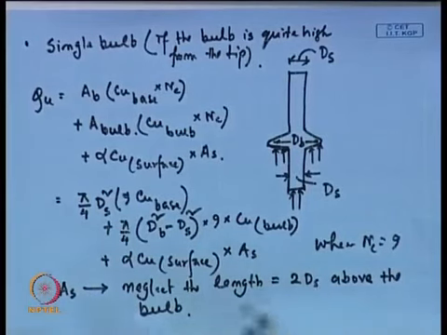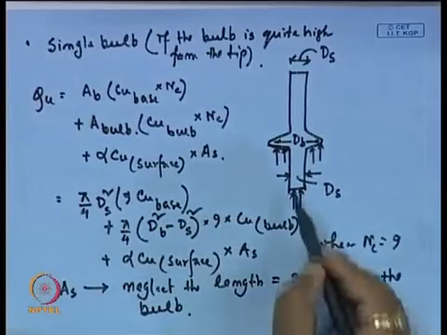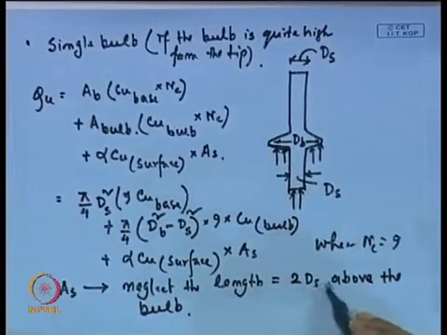That means when you calculate the As, we neglect 2 times the shaft diameter above the length of the bulb.